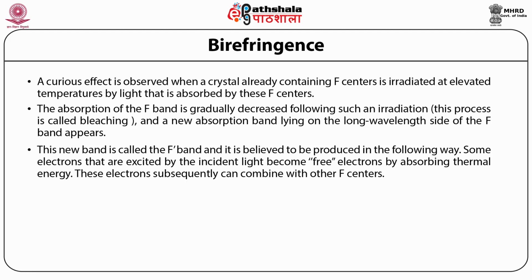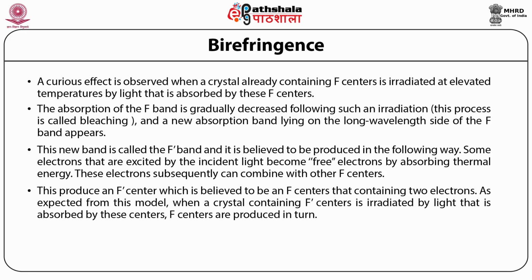Some electrons that are excited by the incident light become free electrons by absorbing thermal energy. These electrons subsequently can combine with other F centers. This produces an F' center, which is believed to be an F center that contains two electrons.